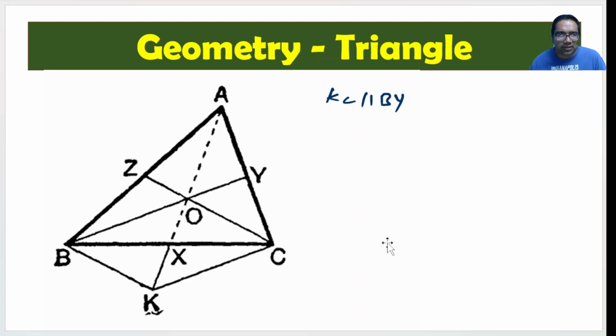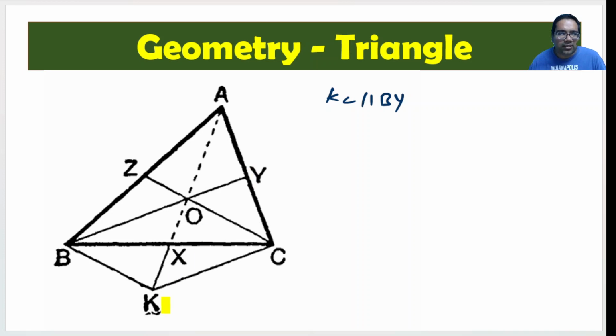Now let's take this triangle AKC. Y is the midpoint of this side. We are talking about AKC. Y is the midpoint and OY is actually parallel to KC.